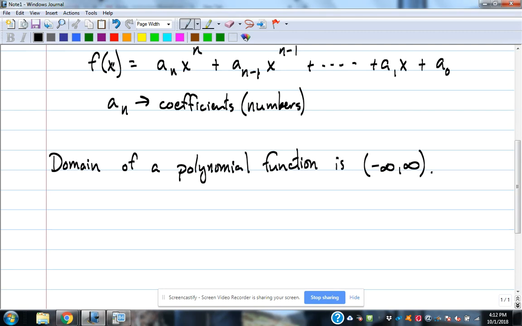So that's one of our red flags from chapter 3 about domain. And the other red flag is that you couldn't have square roots or any kind of roots. Well, with a polynomial, you can't have those anyway. You can't have rational exponents on variables, which is what creates those roots. So there are no red flags if it's a polynomial function. So we know that the domain is going to be from negative infinity to positive infinity.